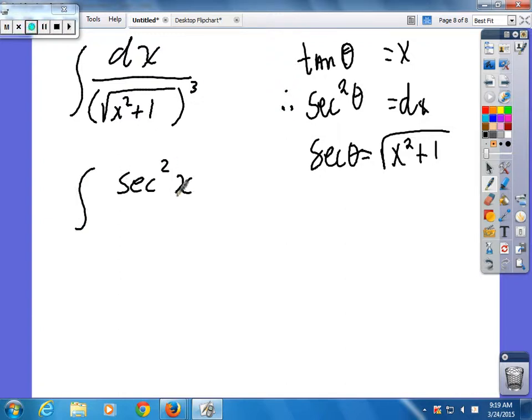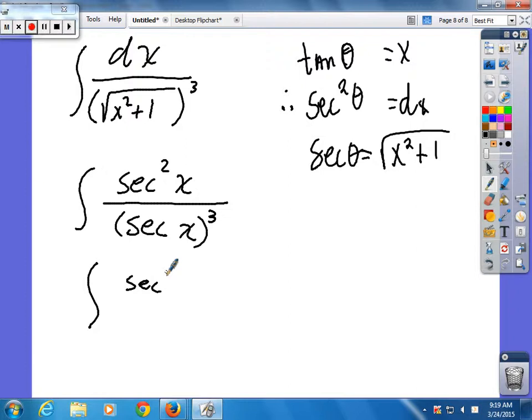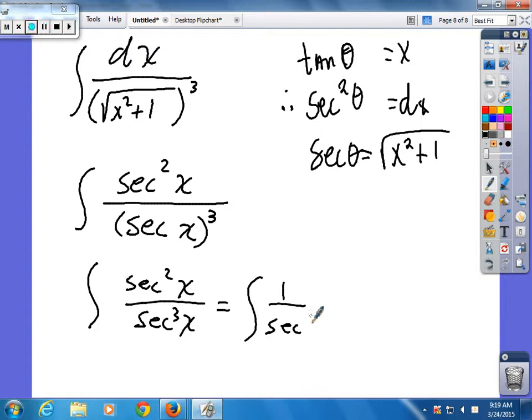Secant squared over what? Secant what? Cubed. That'd be the same thing as secant cubed. So the antiderivative of secant squared over secant cubed will give us what? 1 over the secant, which by the reciprocal identity should be what?